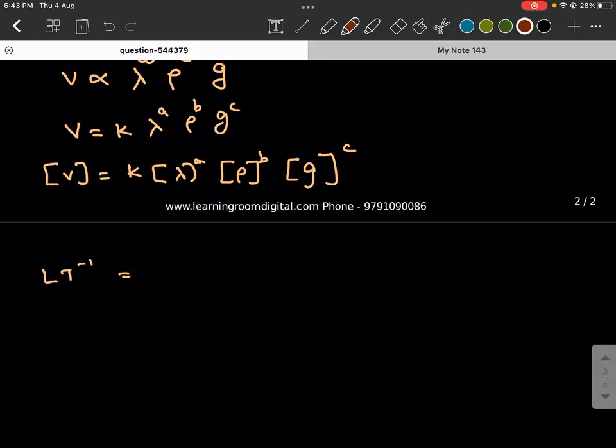LT minus 1. What is the dimensional formula of lambda? Lambda is wavelength, so the dimensional formula is L. So L power A.